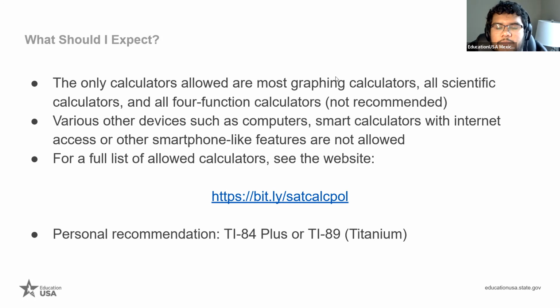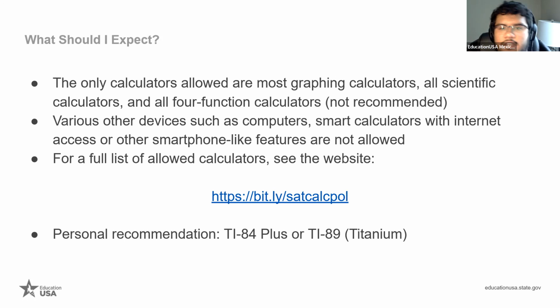So with that in mind, my personal recommendation for calculator for the SAT is either the TI-84 Plus or the TI-89, be it the regular one or the titanium. I've used both of these calculators not only in my SAT math exam, but also in my higher level math classes, and they work very well.